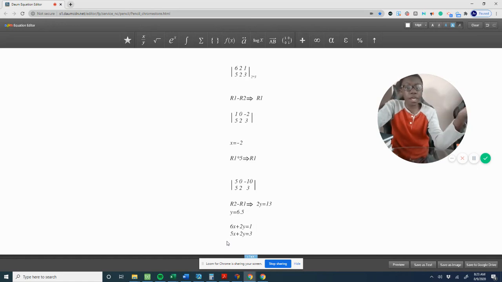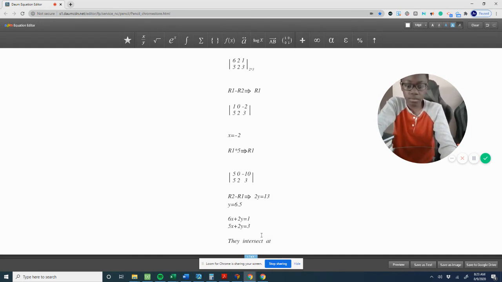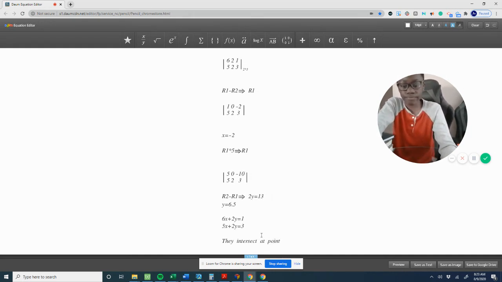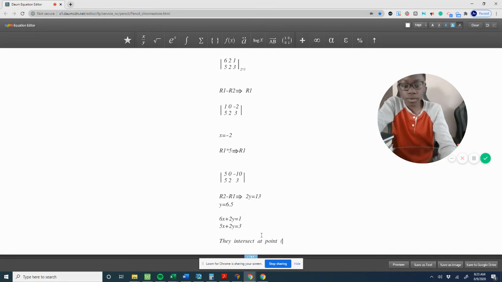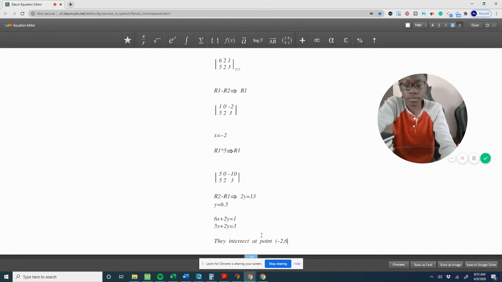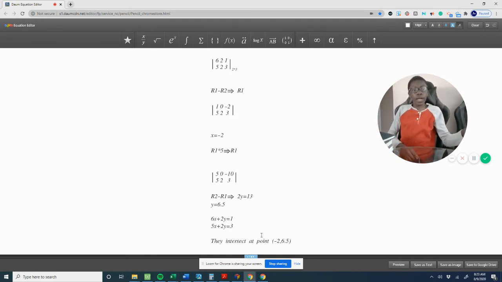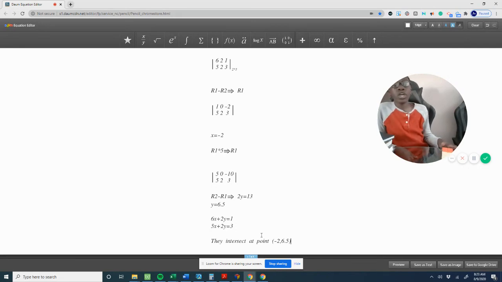We have both of them here. And basically what we found out is they intersect at this point. That's where they intersect. We've just solved yet another simultaneous linear equation using a completely different method.